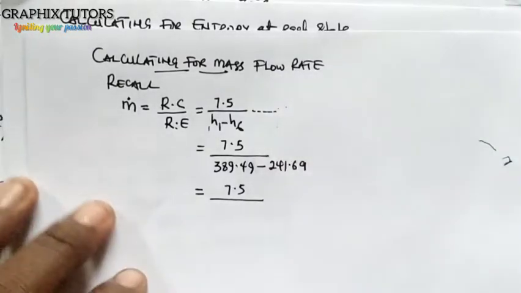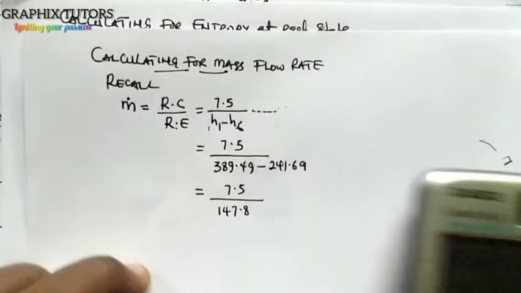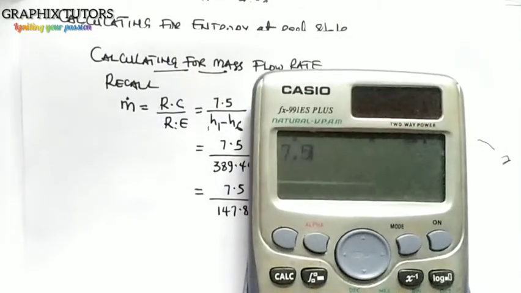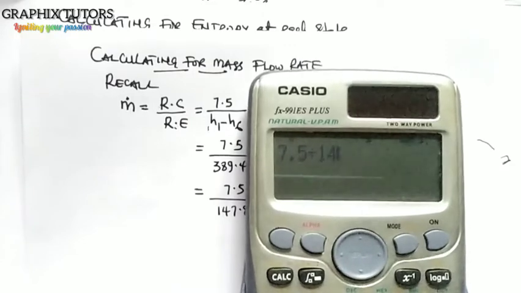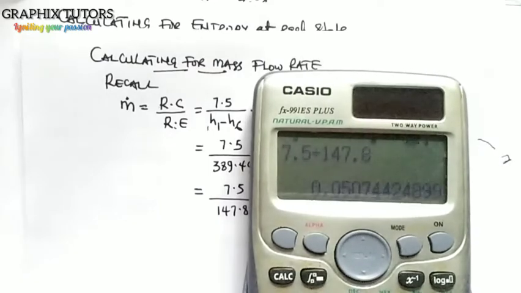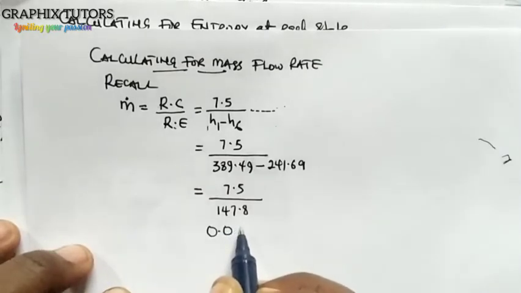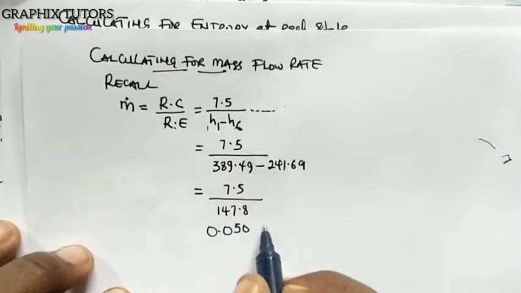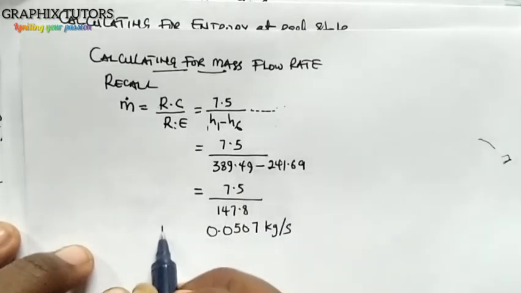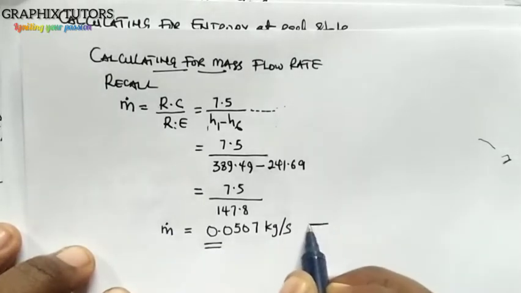So if you divide 7.5 divided by 147.8, we're going to be having 0.0507. So we see that we have 0.0507 kilogram per second. That will be my mass flow rate. Is that okay? So this is our mass flow rate.